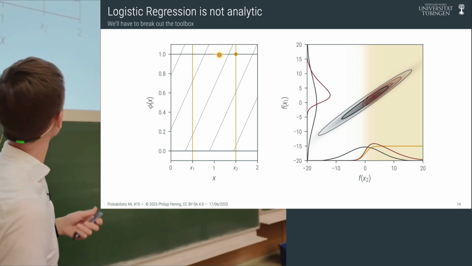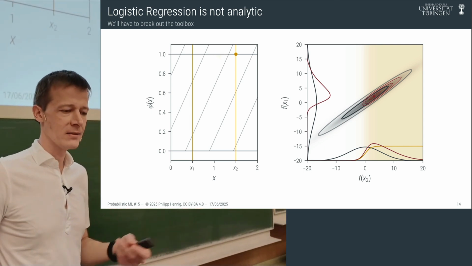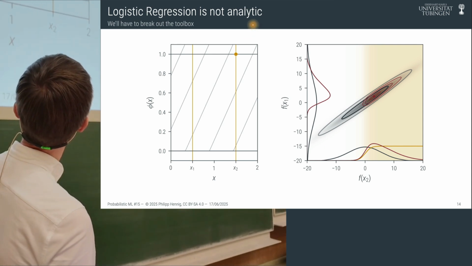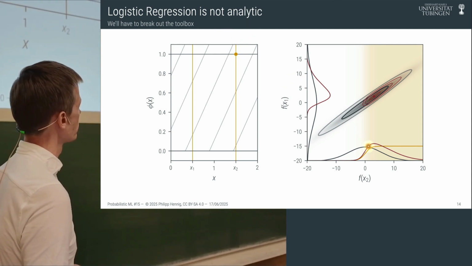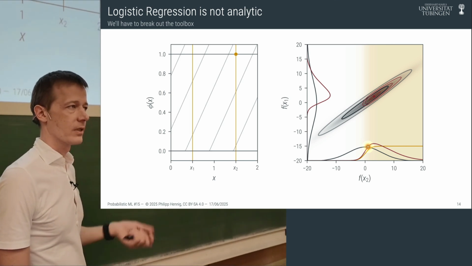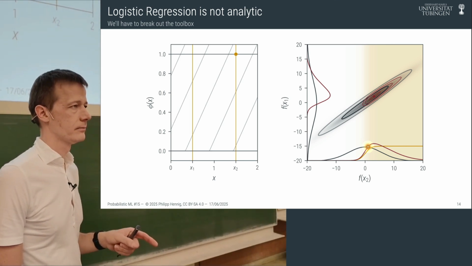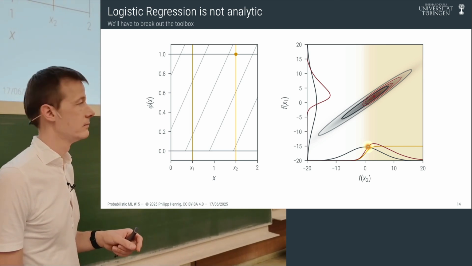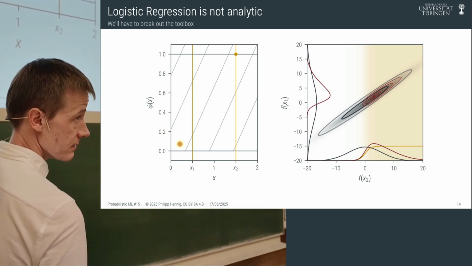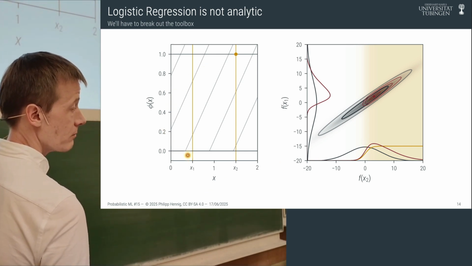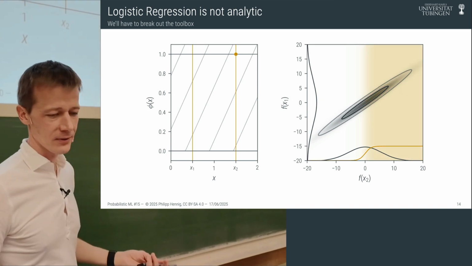I just need to put the fact that I've observed 1 somewhere. So maybe I shouldn't have put this yellow dot here. I should have just said, I've observed that over here there should be a positive label. And then you get this likelihood. The gray lines are the phi of x's that, when multiplied with the, okay, maybe the plot doesn't actually help.